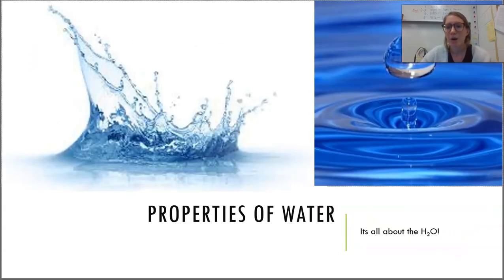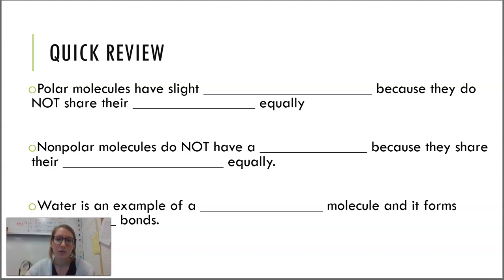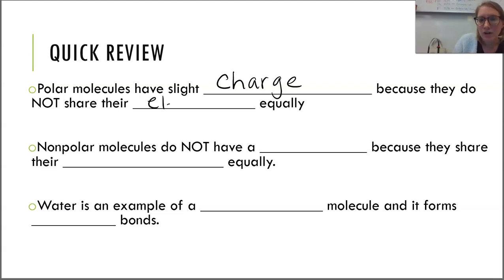All right, so properties of water. It's all about the H2O, and it's really all about the hydrogen bonding for the most part. So let's do a quick review. Polar molecules have a slight charge because they do not share their electrons equally.